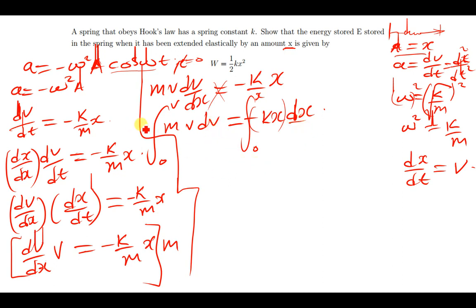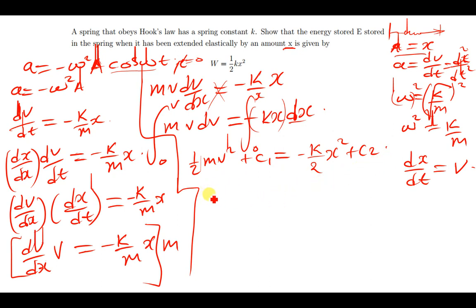After integrating with respect to v, you get 1/2 m v squared plus c1, equal to this side, where integrating with respect to x gives negative k/2 x squared plus c2. Let us take everything to one side, and put the constants on the other side of the equal sign.